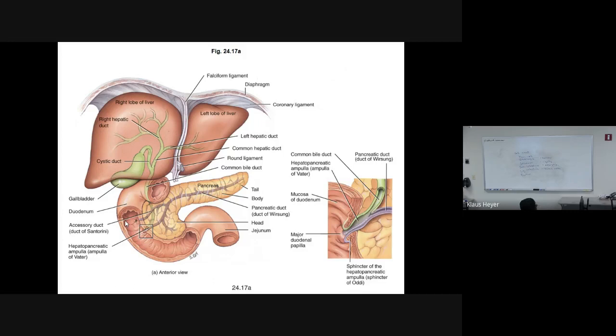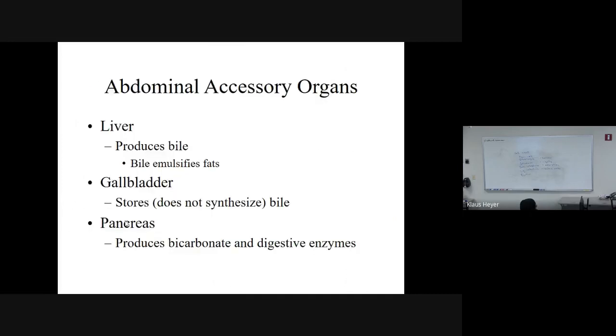So you've got 3 things: liver, gallbladder, pancreas. They are all secreting things that are going to go into the small intestine. So they're not part of the small intestine, they're not part of the GI tract, but they're helping with digestion because they're all secreting things that help with digestion.